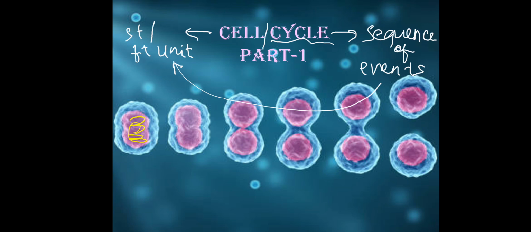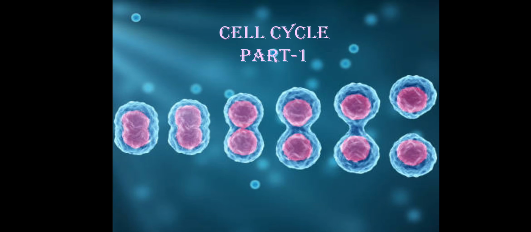The genome, here present in pink color, is duplicated and equally distributed to daughter cells. So we can say cell cycle is an ordered series of events, a sequence of events by which a cell duplicates its genome and eventually divides into two daughter cells.